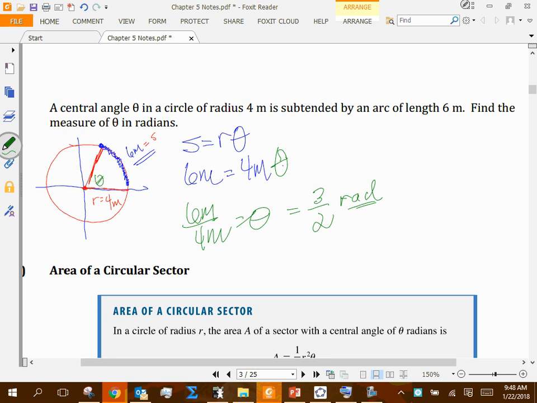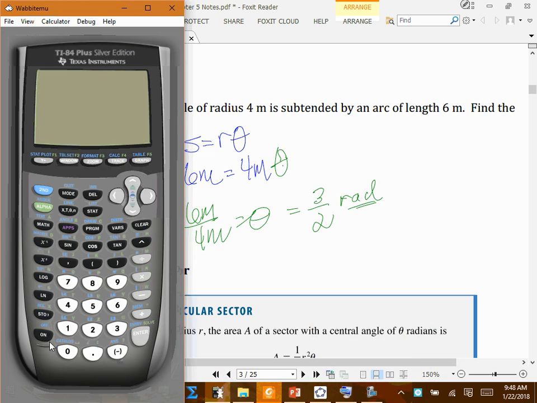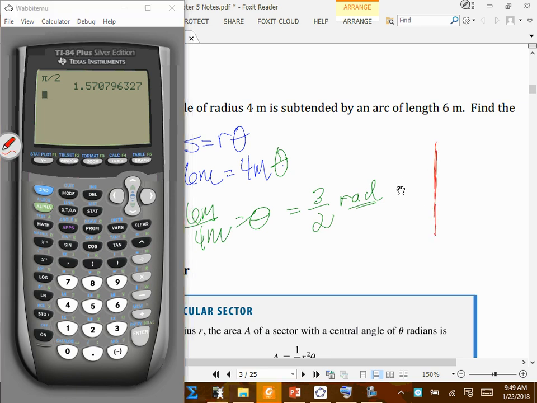Okay? So let's see something here. If I have 1.5 radians, let's do this. Obviously pi is equal to 3.14 radians, right? So let's take pi and divide that by 2. I get that number there, correct? Well, pi over 2 is how many degrees? We're talking about on Thursday.